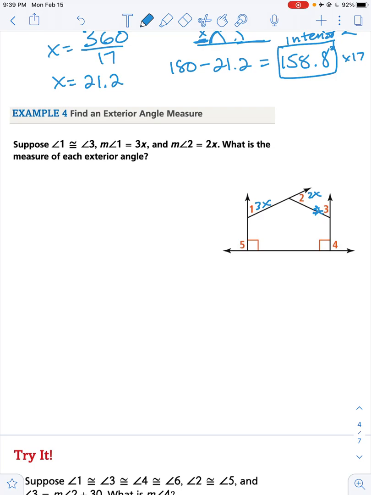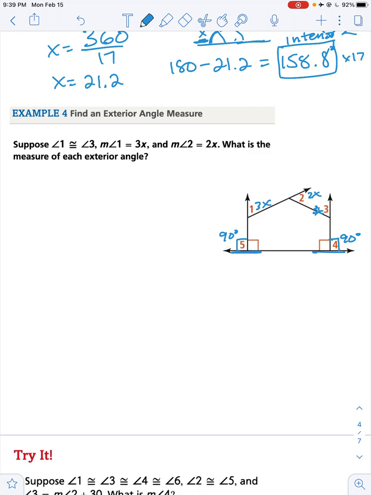Well, I know that angles 5 and 4 are also going to be 90 degrees because they're a linear pair with this one, right? So this is 90 degrees, this is 90 degrees. This is a pentagon. It's got 5 sides, right?